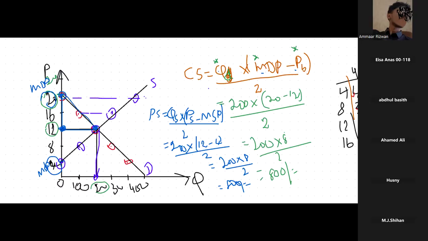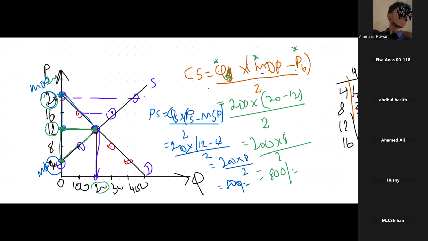The same way, 12 rupees seller's price, 200 QS, because at market equilibrium seller's price and buyer's price are the same, QD and QS same. So seller's price, QS, and this is the minimum supply price.